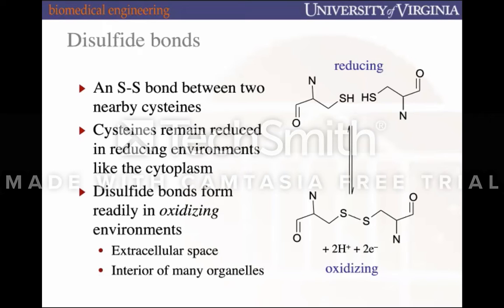The oxidizing environments that we see are outside of the cell, outside of the cytoplasm, in the extracellular space, or in the interior of many organelles. Some of those organelles are, for example, the Golgi apparatus or the endoplasmic reticulum, the ER. And that makes sense because those are the sites of protein synthesis and protein modification. And so for the proteins that need disulfide bonds, those are the sites where it would happen.